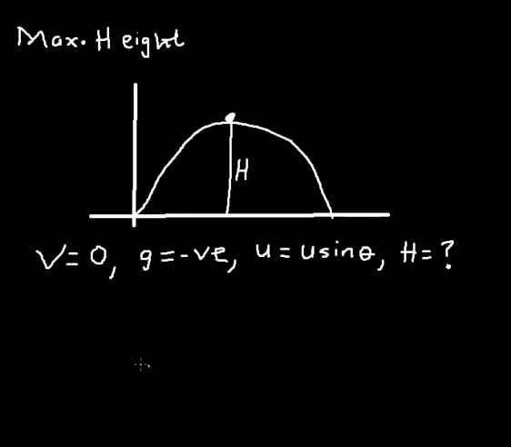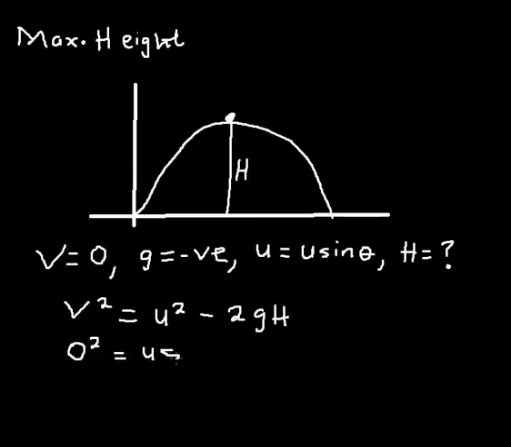So which equation? 1, 2, 3, 4. The third equation of motion under gravity: v squared is equal to u squared minus 2gh. v squared is 0, that's 0 squared. u is u sine theta, right?